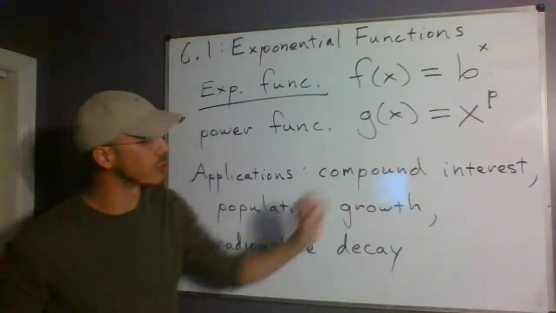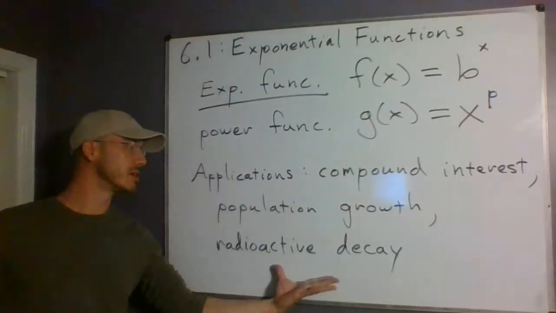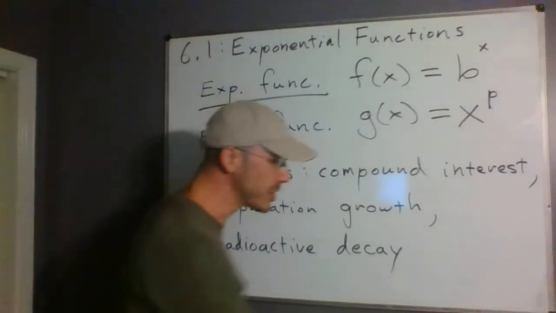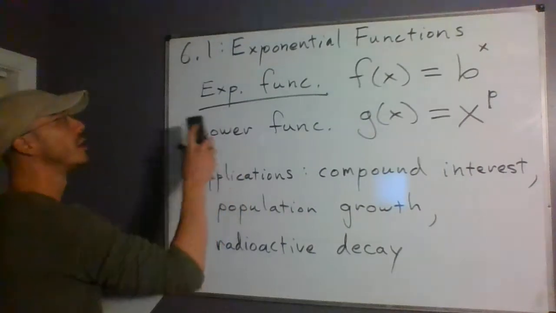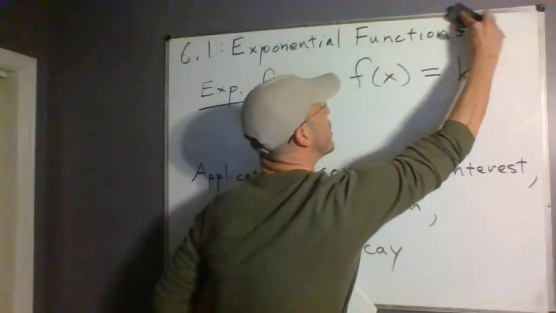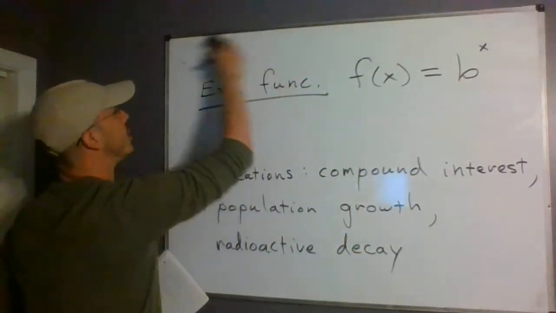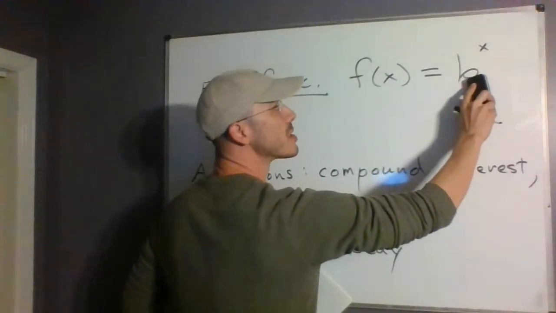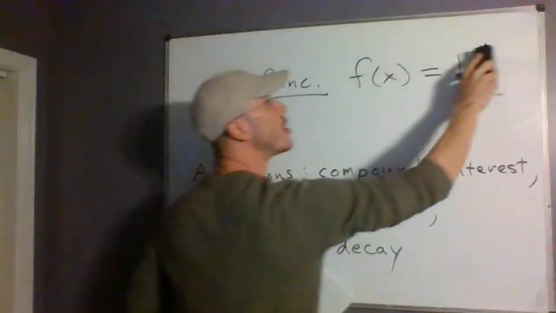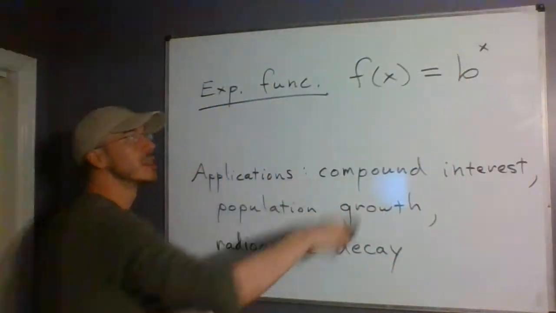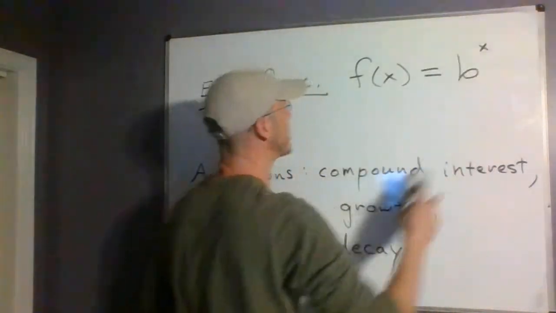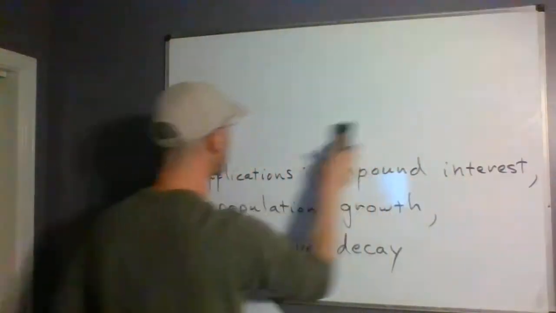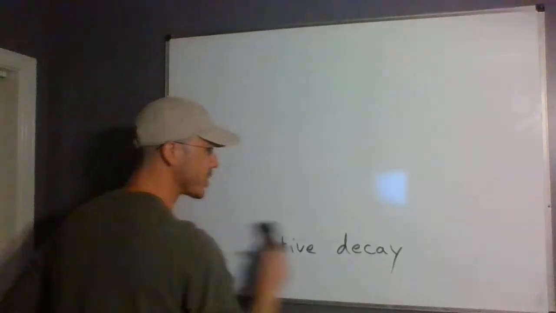This is the opposite direction. It's getting less and less over time. But the equations that describe it are of this form, a function where the base is constant, but the amount over time increases exponentially or decreases exponentially. So let's look at how to work with these functions.